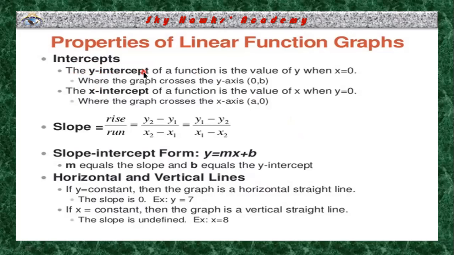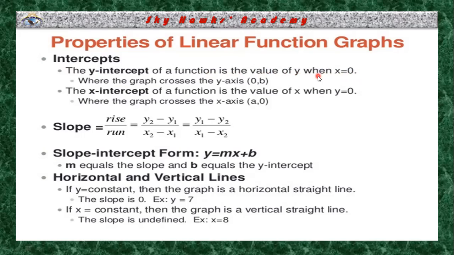The y-intercept of a function is the value of y when x is equal to 0. So if the function is given, if the equation is given, if the graph is given, and you are asked to find the y-intercept, the mathematical trick is simple: just put the value of x as 0 in the equation of the function.